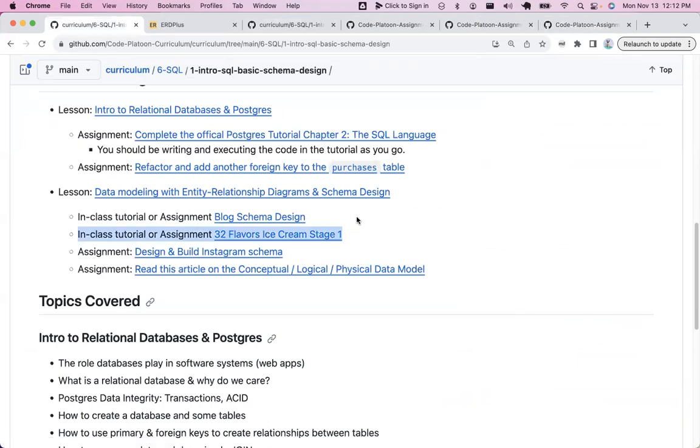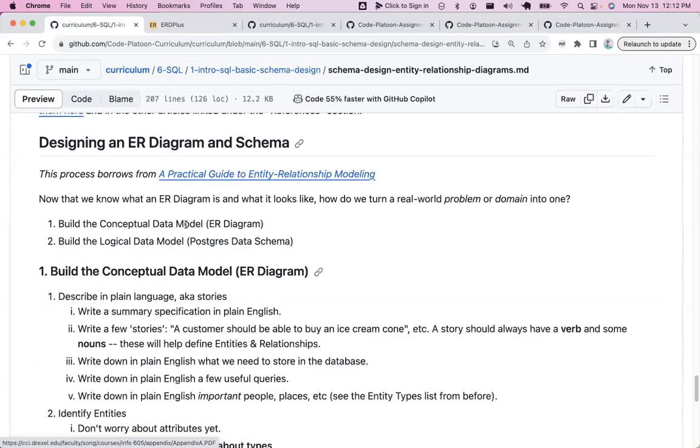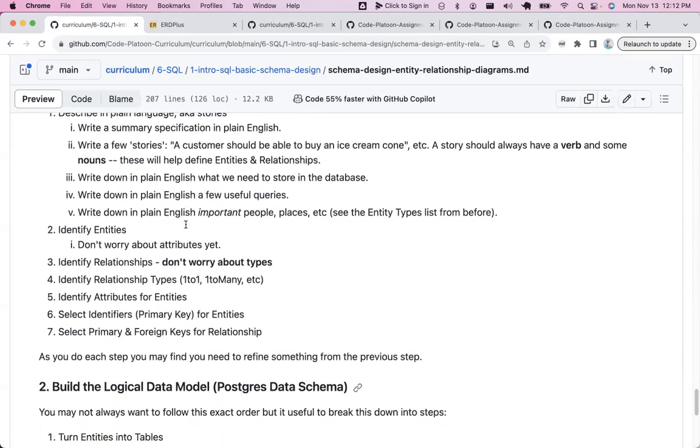I would say this is sort of the heart of it. But this blog schema one is really a tutorial walkthrough. So if you want a little more practice and to see this process in action a bit, you can start here. And then I would say do this Instagram one after you've done the 32 flavors. But the goal is to try following these steps in this process.